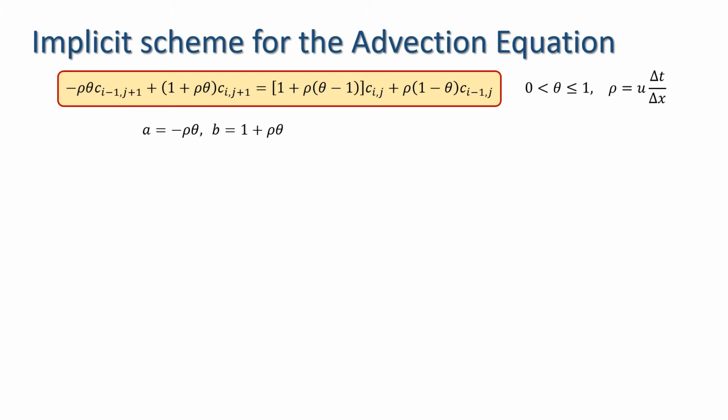We know that the terms on the right-hand side are known when we reach time step j plus 1, so for convenience, I'm going to define a function phi which at point ij equals the right-hand side of the update equation, i.e. phi ij equals (1 plus rho theta minus 1) c i j plus rho (1 minus theta) c i minus 1 j. Then our update equation can be written a c i minus 1 j plus 1 plus b c i j plus 1 equals phi ij.